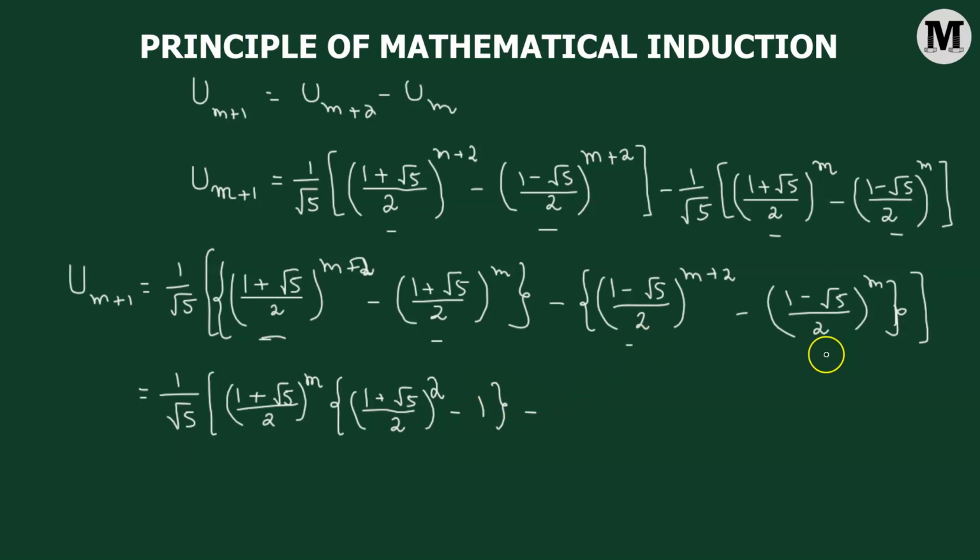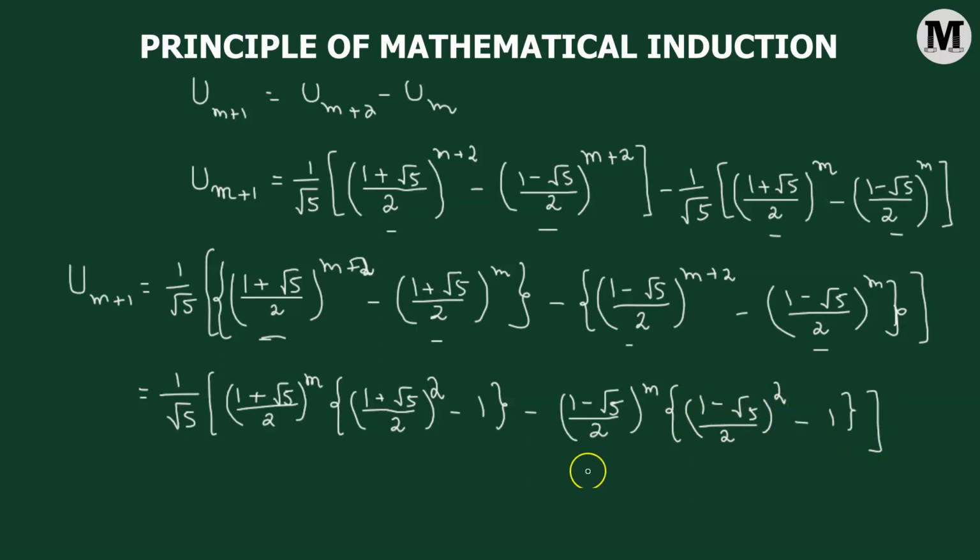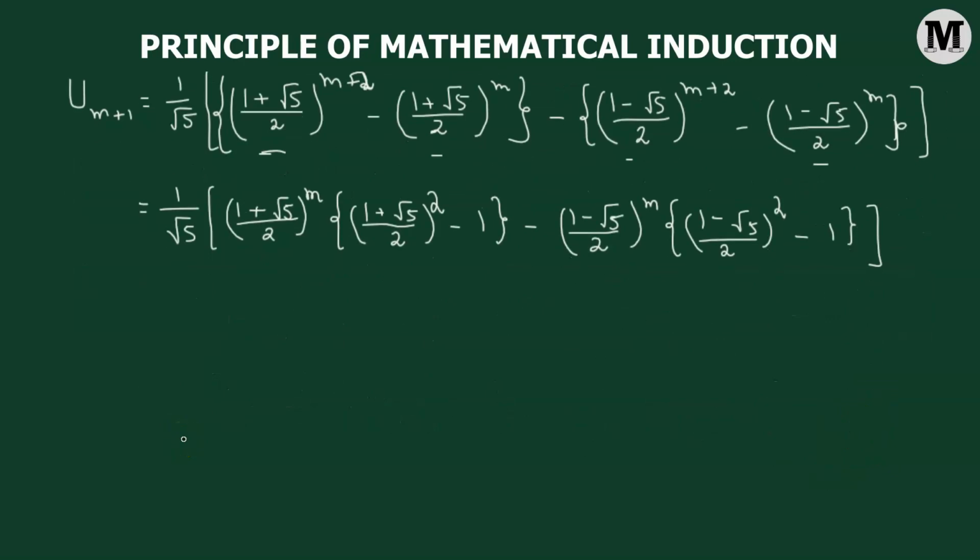Minus, now from these two terms, we're going to take (1 minus square root of 5 divided by 2) whole raised to the power of m as the common factor, such that now we are left with (1 minus square root of 5 over 2) whole squared minus 1. Let's further simplify.